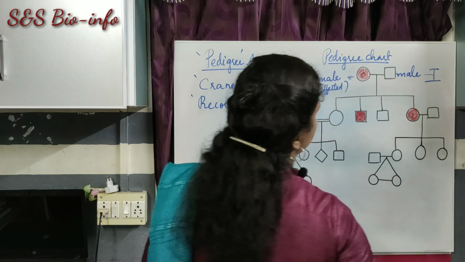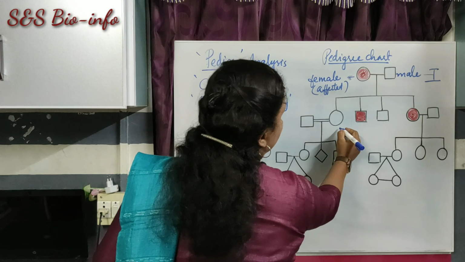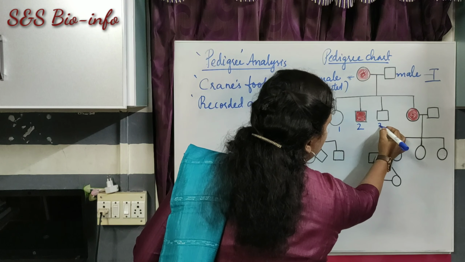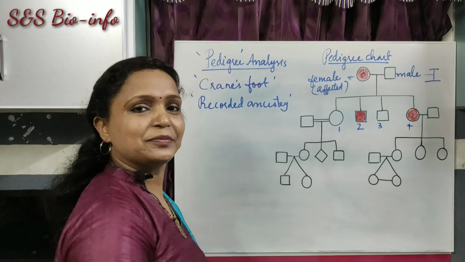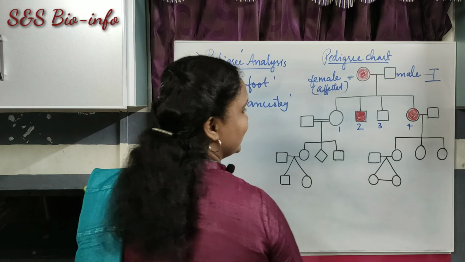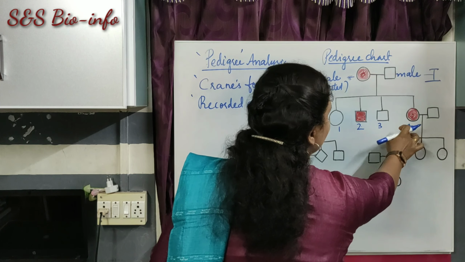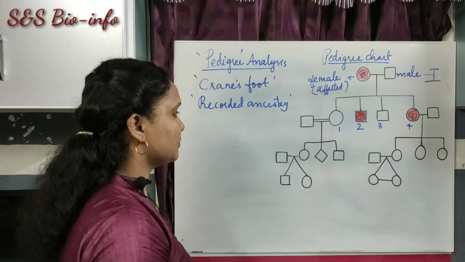Okay, then these two parents have 4 children. The first one is a girl. The second one is a boy. Third also a boy. Fourth is a daughter.